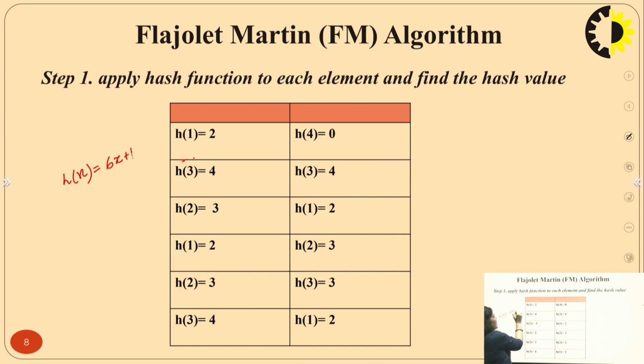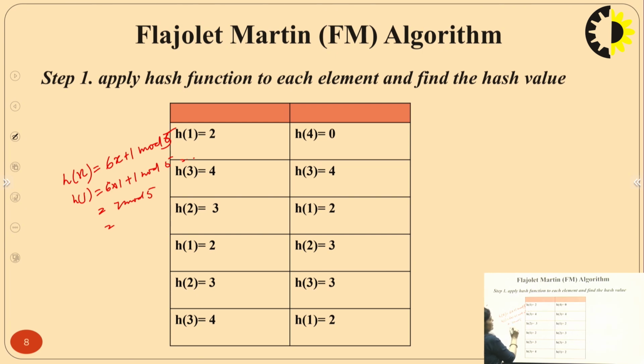The hash function we have selected is h(x) = (6x + 1) mod 5. When we replace x by the stream element, for h(1) we get (6 multiplied by 1 plus 1) mod 5, and if we solve it, we have 7 mod 5.